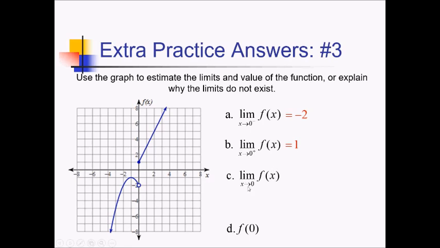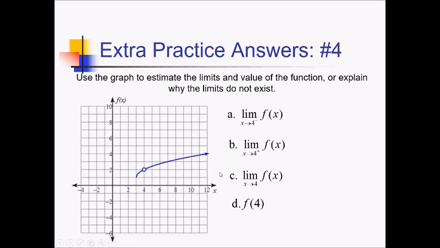For the two-sided limit at 0, which is what part C is talking about, we notice that the left and the right don't match up. So that means that the two-sided limit at 0, the overall limit, does not exist. And then finally, f of 0, this is the solid dot at x equals 0. Looking at the graph, we have a solid dot on y equals 1, so that's going to be f of 0.